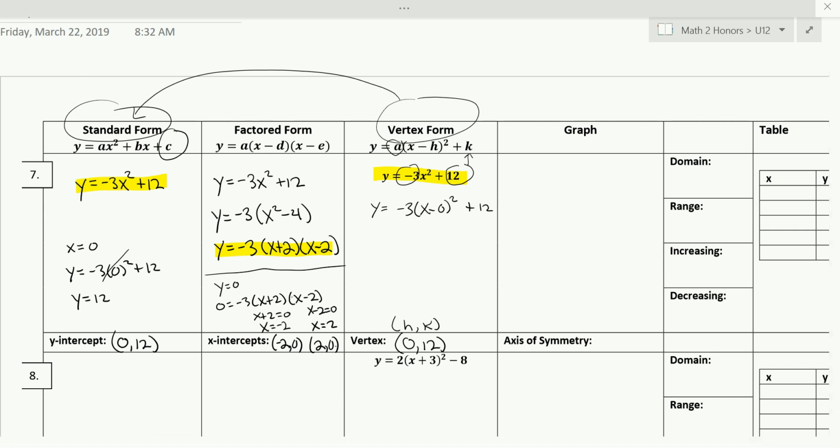Axis of symmetry. And we can have a graph here if we want. So if I plot a couple points here, my vertex right here, (0, 12), my x-intercepts, (-2, 0) and (2, 0).